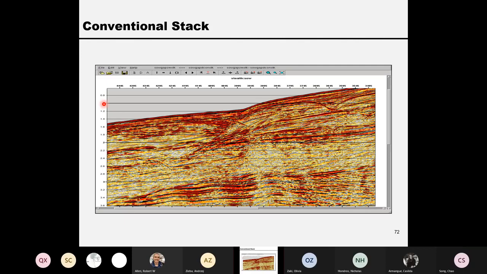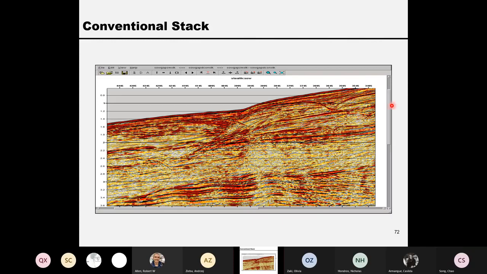Here, time 1 second. So on the left-hand side, the water depth in terms of travel time is 1.5 second. So for 0 offset after stacking, the multiple should be like 3 seconds here. So this trend here actually is the water bottom multiple. This is water bottom, this is water bottom multiple, right?